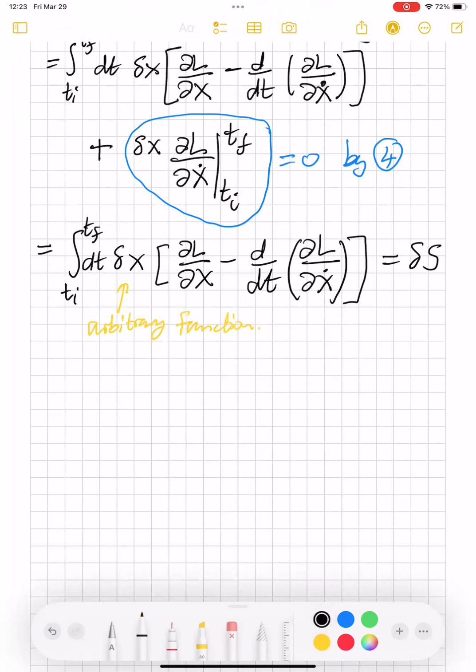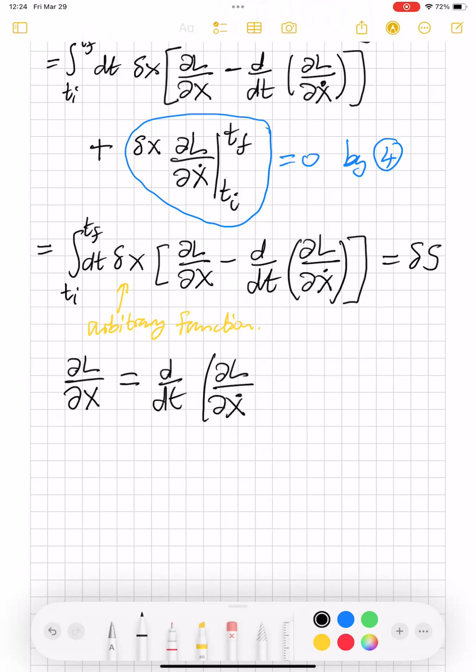Because this integral vanishes, whatever is in the square brackets times an arbitrary function, the integral of that vanishes, it means whatever is inside the square bracket has to vanish, okay? So we now set dL/dx equal to d by dt of dL/dx dot.